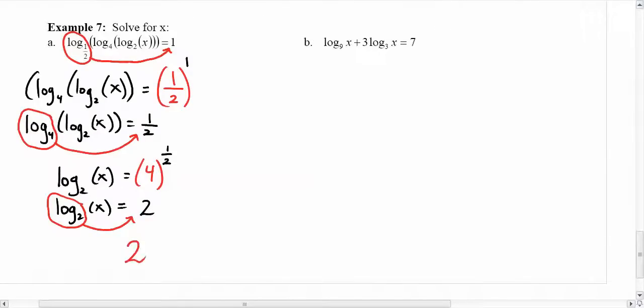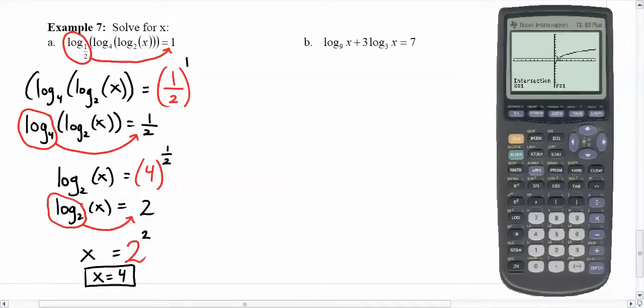Moving that log to the other side pushes the 2 up into the exponent, leaves the x by itself, showing that x is 4. This is kind of hard to check as well, unless you have a calculator that has different bases.